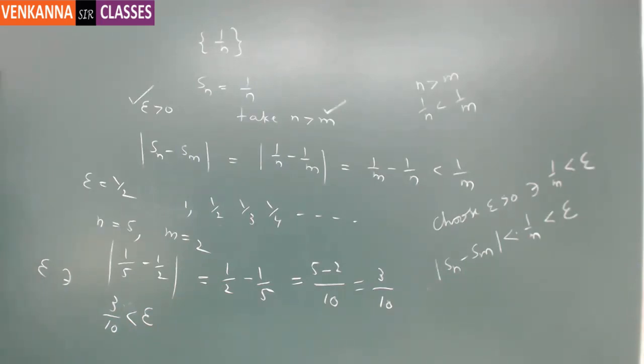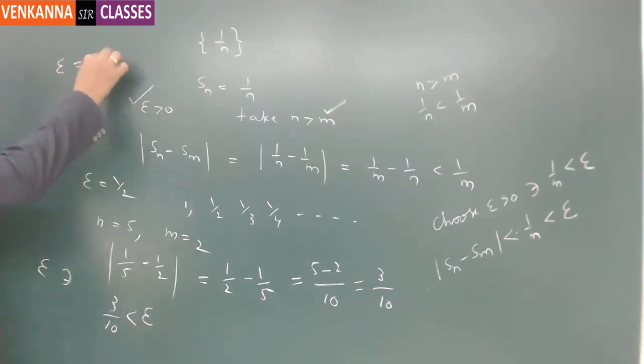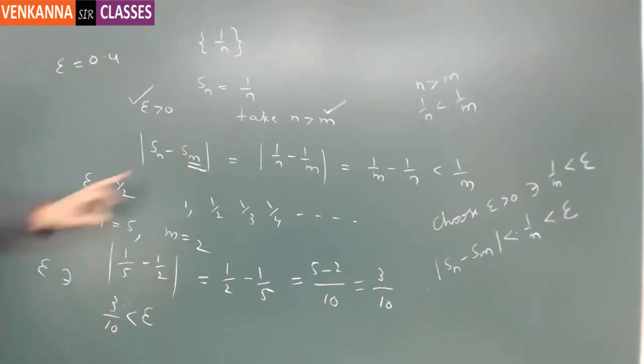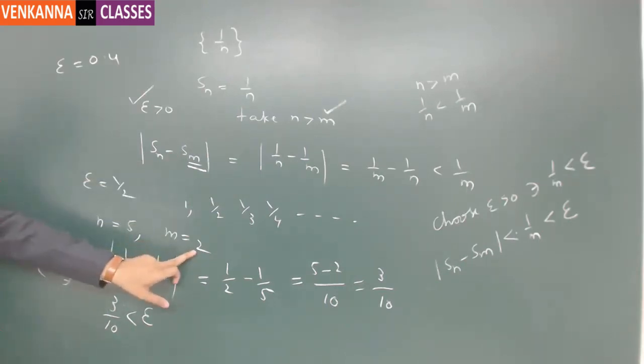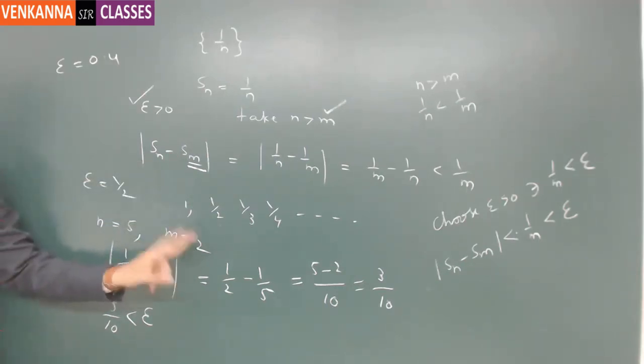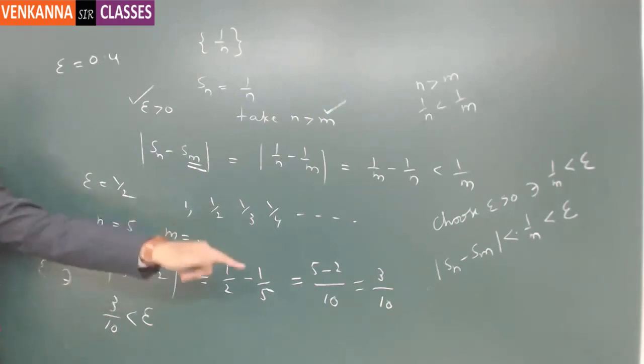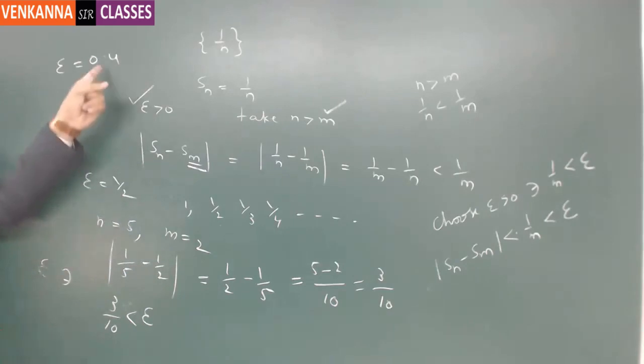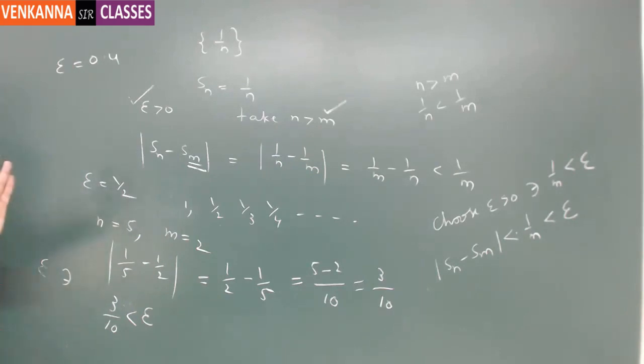You have to specify the term number, right? You have taken epsilon equal to 0.4. It means what? m is the term number, so here you have taken that the term number is 2. It means that from the second term onwards in the sequence, if you take the difference of any two terms, it is less than 0.4, which you have taken. Fine. Does it make sense?